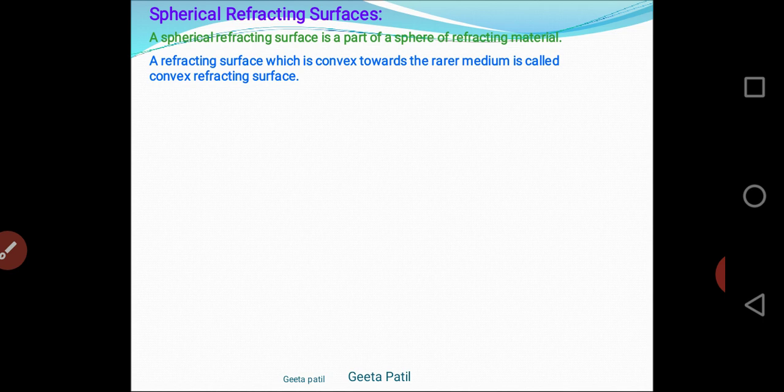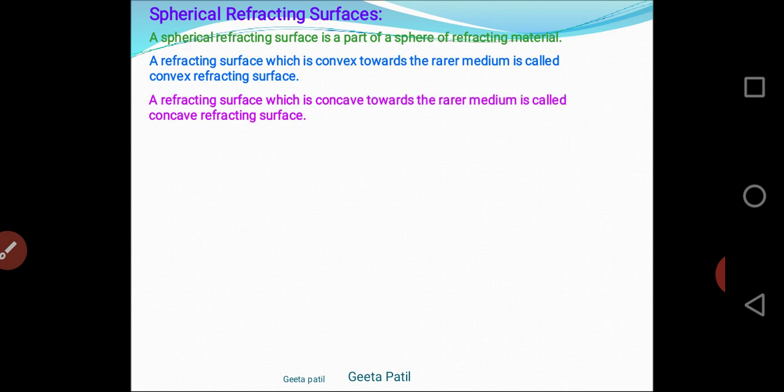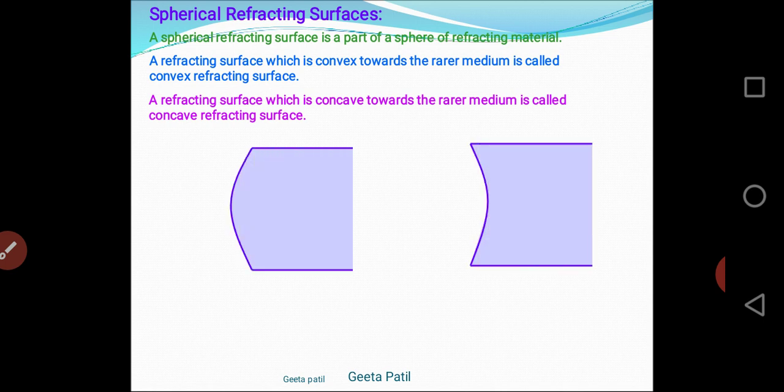Now, a refracting surface which is convex towards the rarer medium is called a convex refracting surface, whereas a refracting surface which is concave towards the rarer medium is called a concave refracting surface. That is, there are two types of refracting surfaces, one convex and another concave.